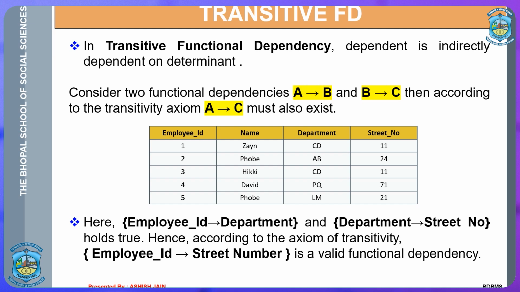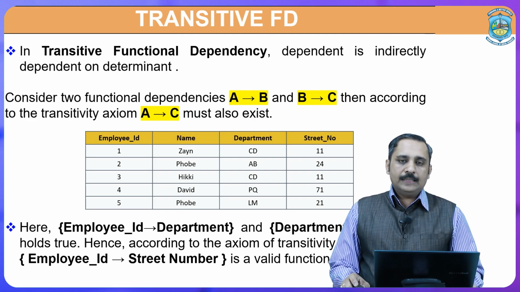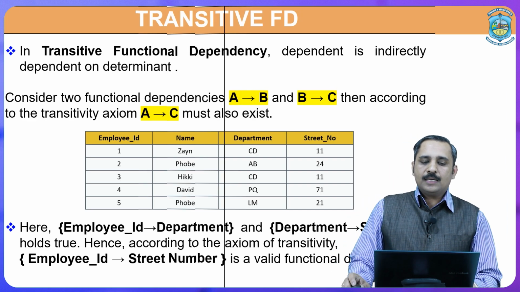Since the department field is common in both, one from the left hand side, other from the right hand side, we can say that the dependency employee ID arrow street number, that means street number indirectly depends on employee ID, is a valid functional dependency, and for this reason this is considered a transitive functional dependency. So, we have seen 4 types of dependencies. First one is trivial, second one is non-trivial, then we have multivalued, and this one is transitive.